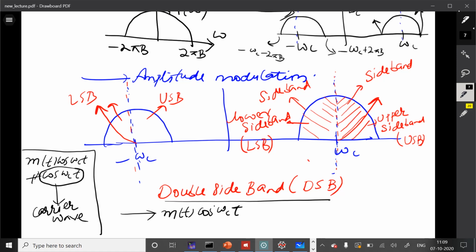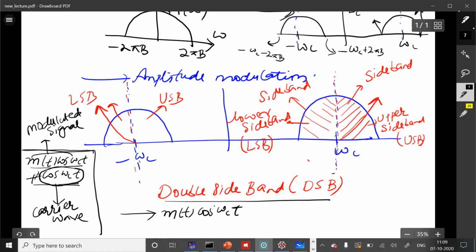And if you see what I have written on the lower left corner, m of t cos omega ct plus A cos omega ct, this type of modulation we will study later. In this type of modulation, you have two things available. One is m of t cos omega ct. This m of t cos omega ct is called a modulated wave or modulated signal.